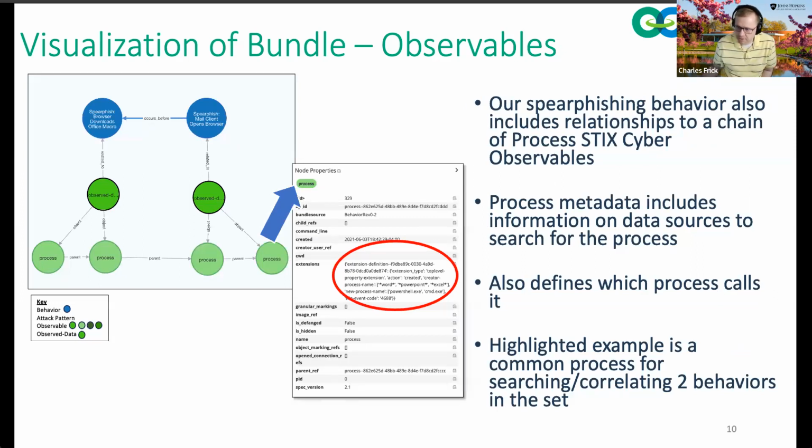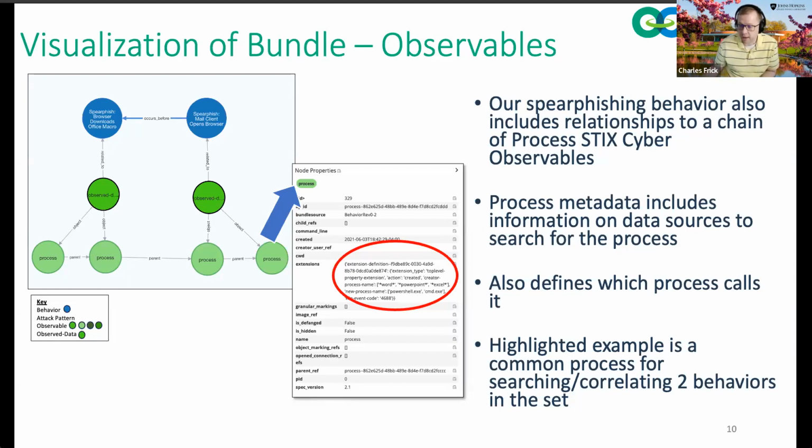Here's a quick example of our observables. The type of things we share in there are what we have seen in our test environment that led us to define our behavior, and they're some of the building blocks we've used to create the detections that we share. I do think it's a bit deeper in the weeds than most recipients would want, but we include it so you can see all the options you might have when creating a behavior bundle.